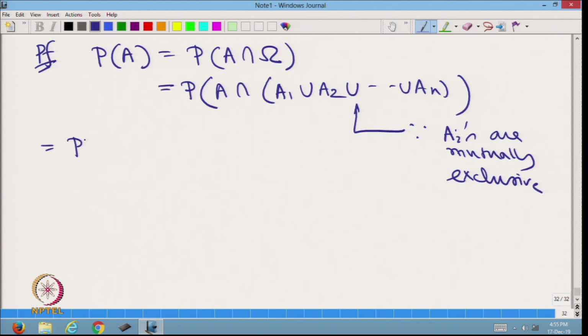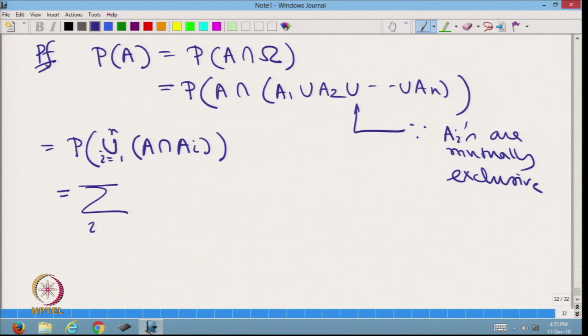This is equal to probability of the union over i equal to 1 to n of A intersected with Ai, which is equal to the sum over i equal to 1 to n of probability of A intersected with Ai.